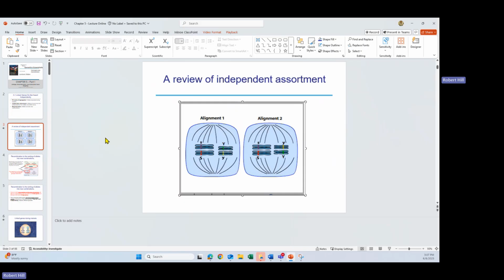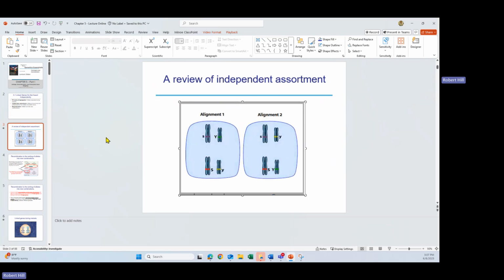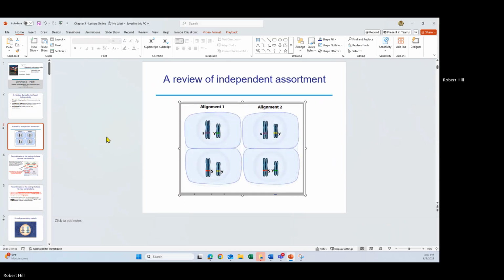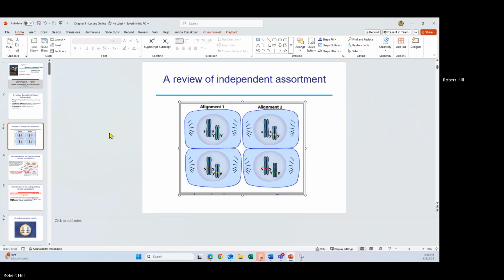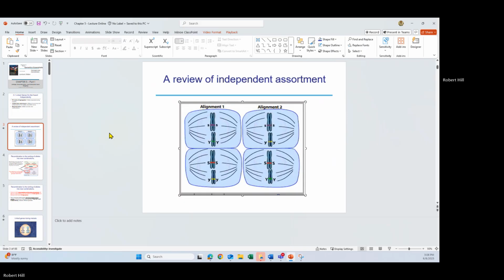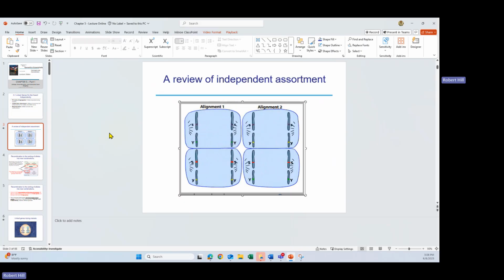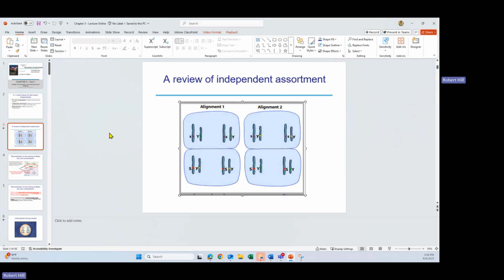All right, so now the spindle's coming to grab the chromosomes, separating out the homologous pairs. Remember, independent assortment is happening during meiosis one. Pretty much all the variation steps, not all, but the major ones, and we're going to get into crossing over again in this chapter, are happening during meiosis one.